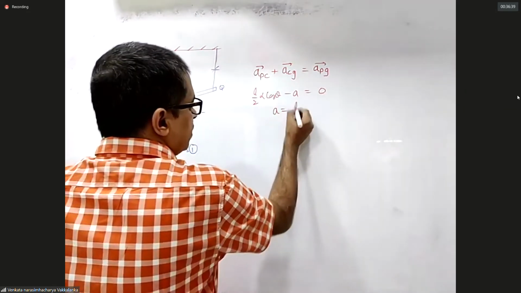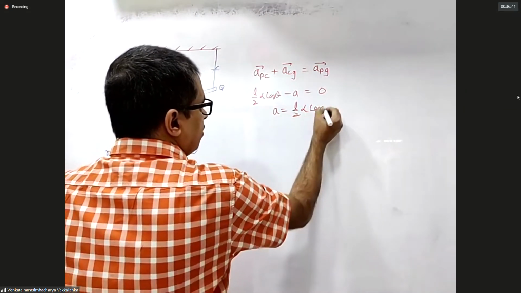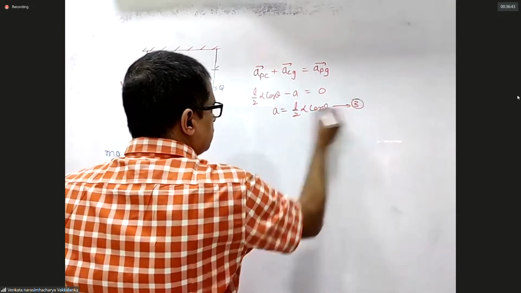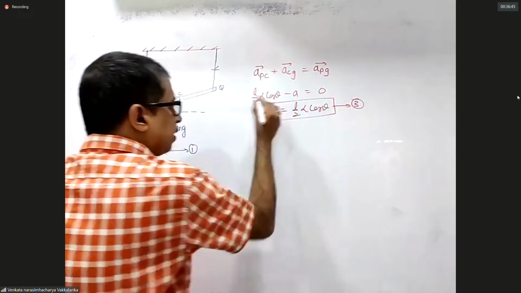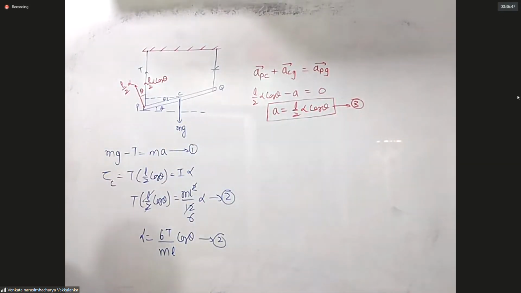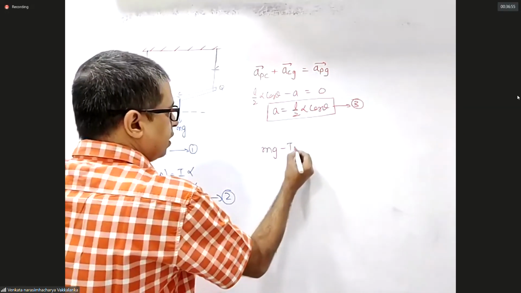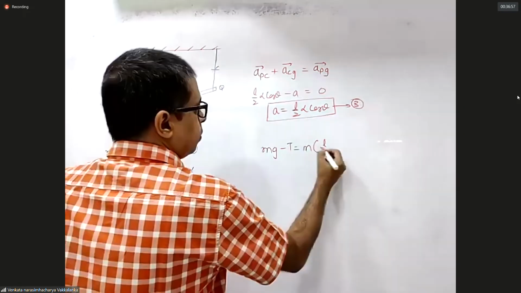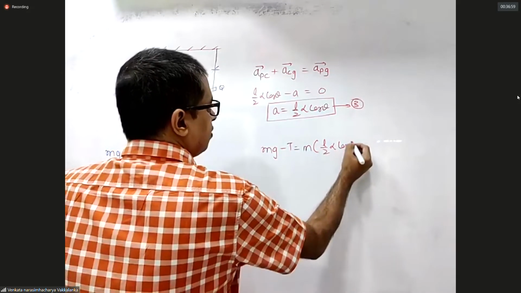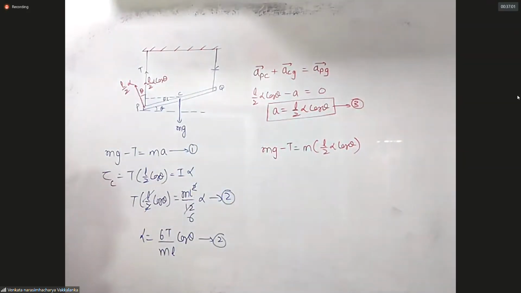So A is equal to L by 2 alpha cos theta, which is my third equation.